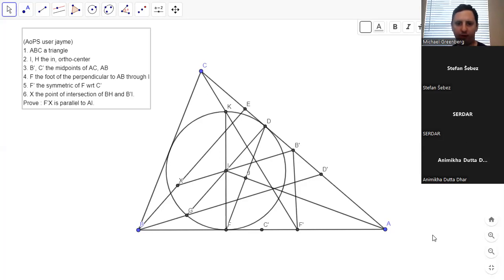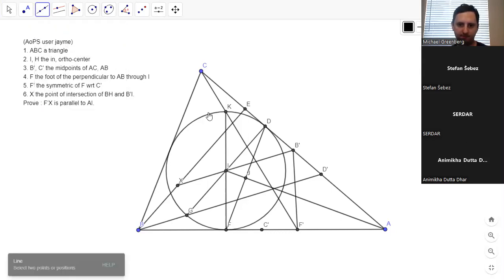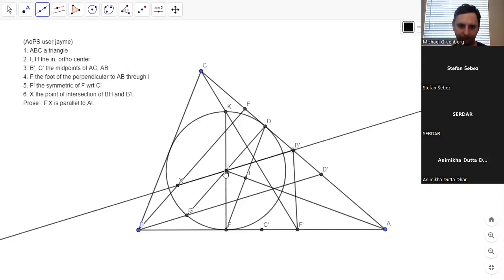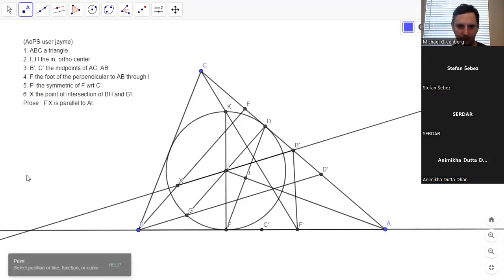See if we can use ratios maybe to. So I wonder if we can let this intersect AB. And we want to show IX over IL.